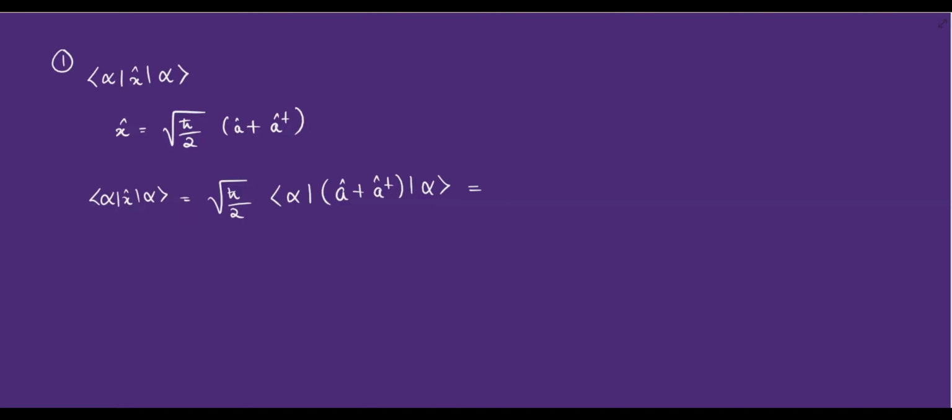Now, as this is a number, we can take it out, and these relations we have covered in previous videos. √(ħ/2) (⟨α|â|α⟩ + ⟨α|â†|α⟩).